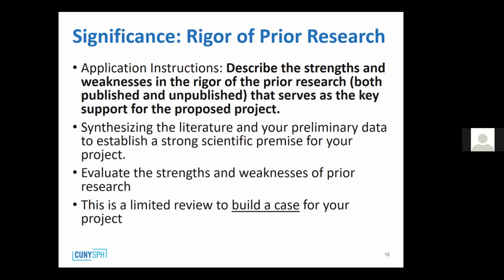Carefully evaluate the strengths and weaknesses of prior research. You need to step carefully here because the reviewer who's looking at this may have produced some of the literature you're criticizing, or at least buys into the premises. This is a limited review to build a case for your project, not an in-depth literature review.